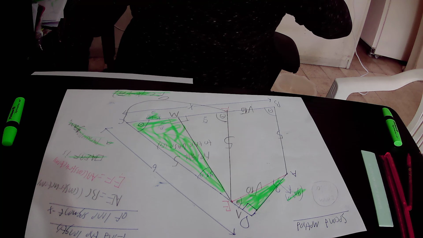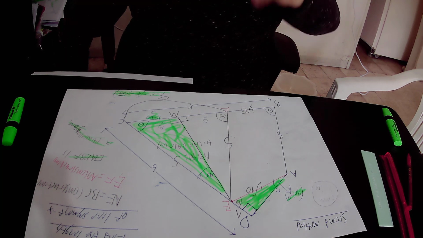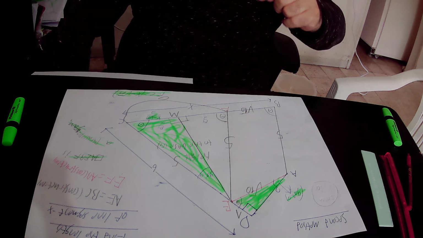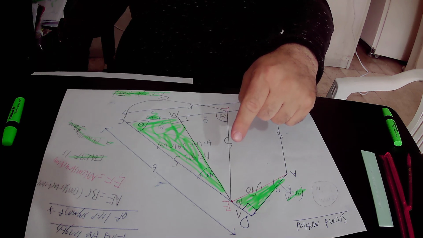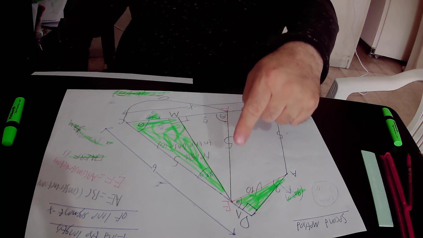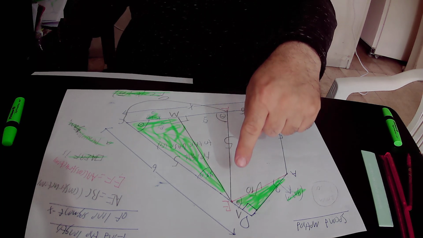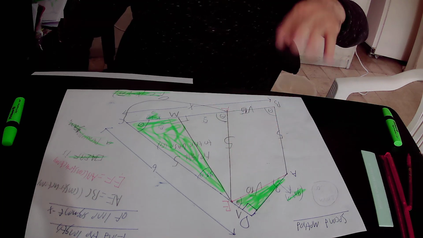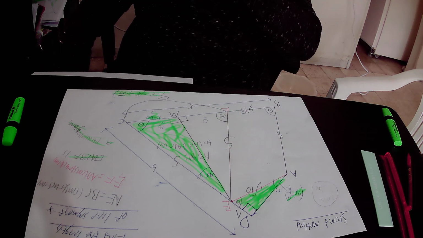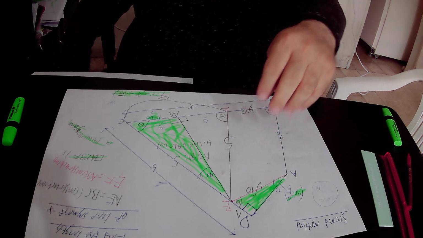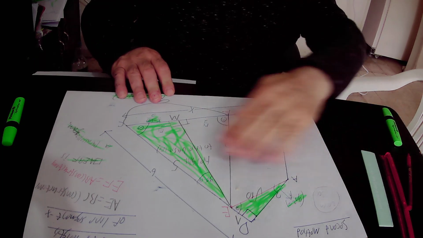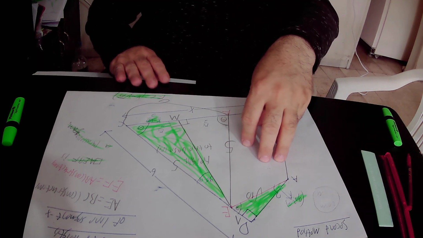We did it like that, and we can draw the straight line from point E to BC in such a way that EF will be parallel to AB. So we actually created here quadrilateral AEBF, this quadrilateral.